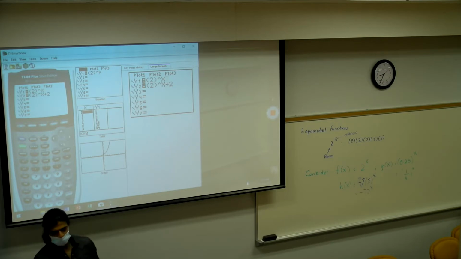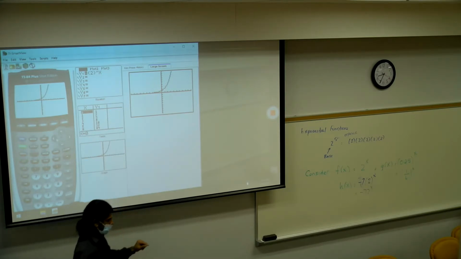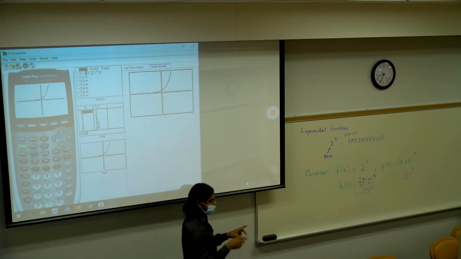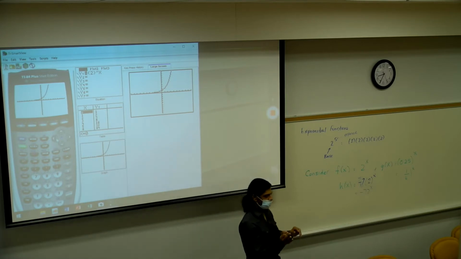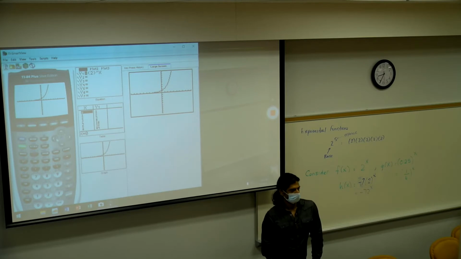Let us have 2 raised to x, and we all know what that's going to look like. Same curve. Here is a question. What would happen if I change that 2 to 3? It'd have a higher exponent. What do you mean by that? Like the curve would go up faster.